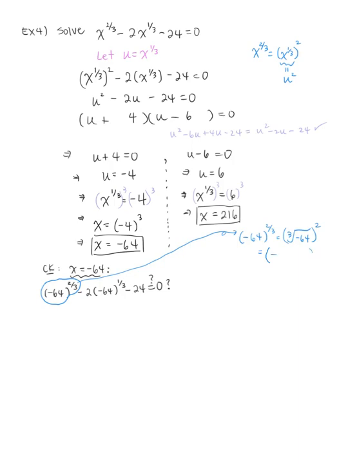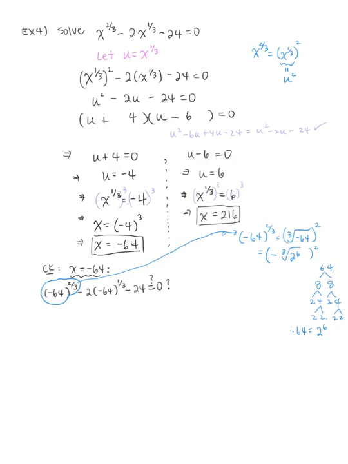Now we need to break down that 64. 64 is 8 times 8, 2 times 4, 2 times 4, and then 2, 2, and another 2, 2. So 64 can be written as 2 to the, how many 2's do we got? 1, 2, 3, 4, 5, 6, 2 to the 6. We now have negative cube root of 2 to the 6, squared.